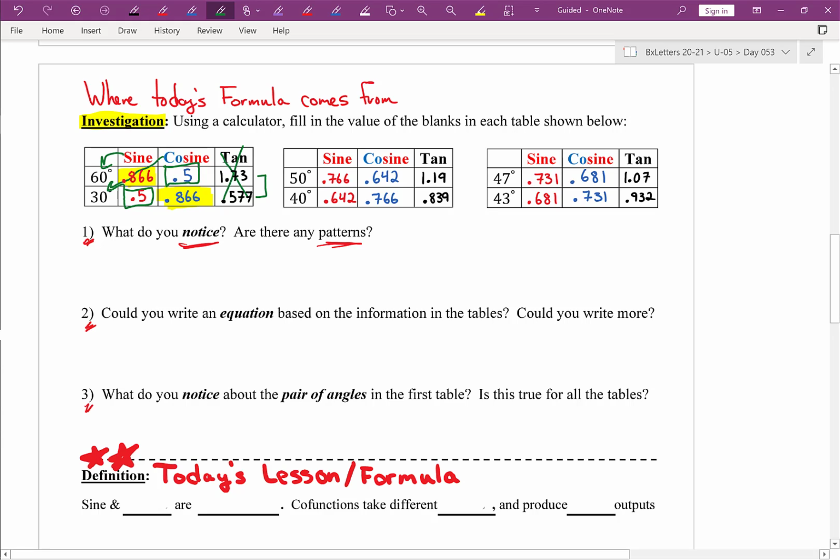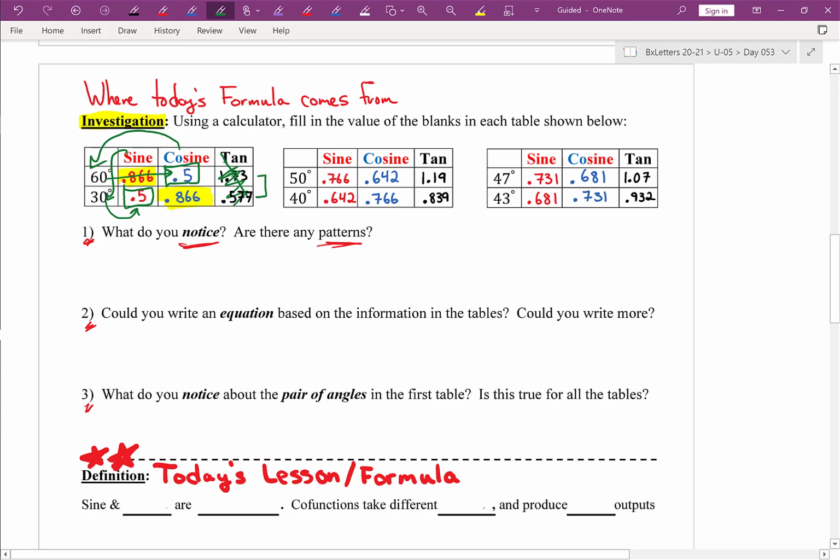So the sine of 60 is the same as the cosine of 30, and vice versa. The sine of 30, which is 0.5, is the same as the cosine of 60, which is 0.5. Okay, so sometimes sine equals cosine, and sometimes cosine equals sine, but there's no pattern going on with tangent.